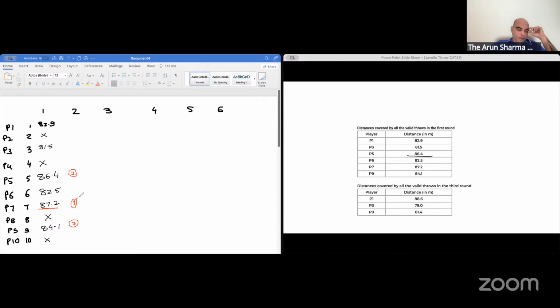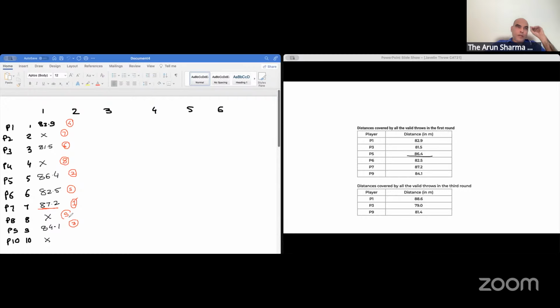The fourth player will be P1. The fifth player will be P6. And the sixth player will be P3.